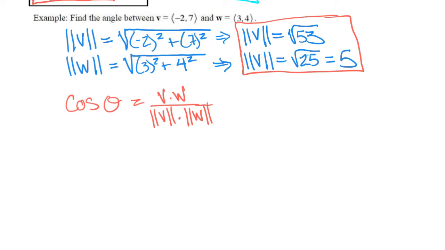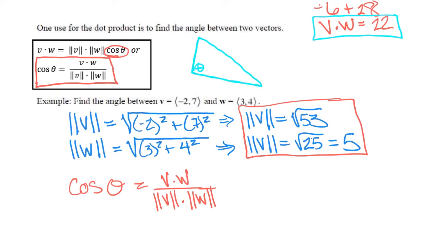We found up above that V dot W is 22, divided by 5 times the square root of 53. Let me back up here for a second. What I need to do is put that cosine of theta equals that.